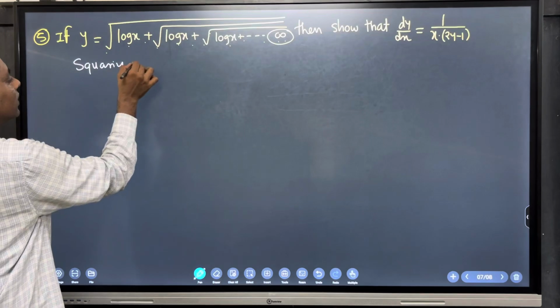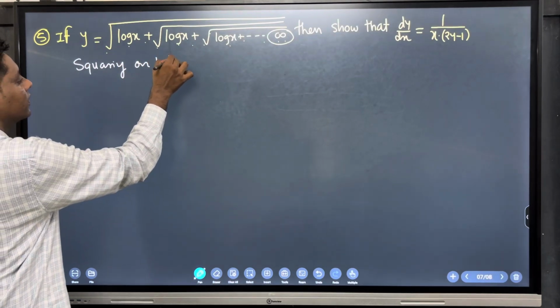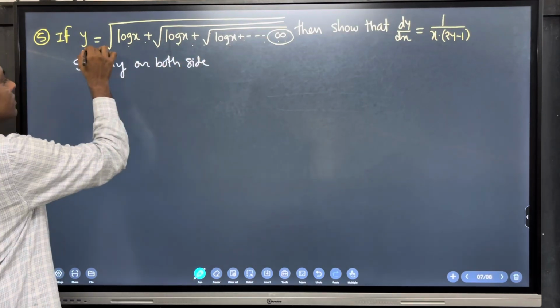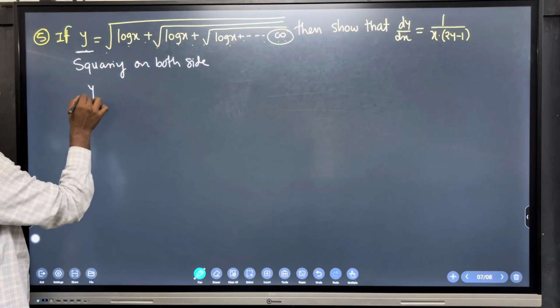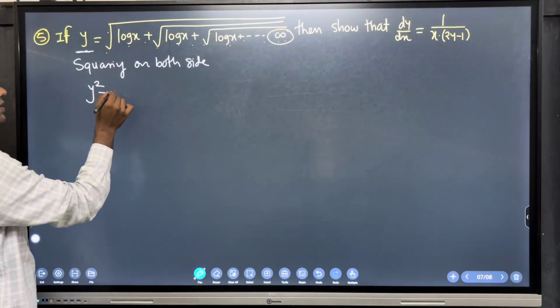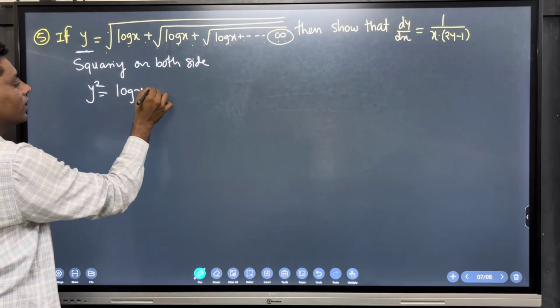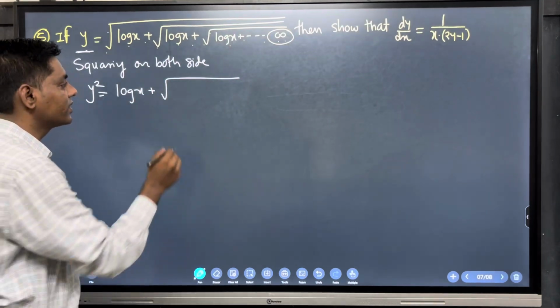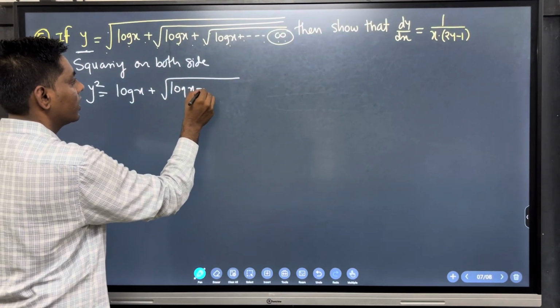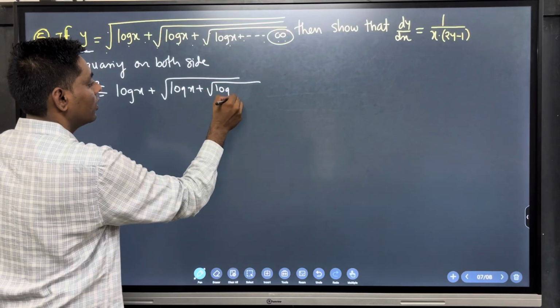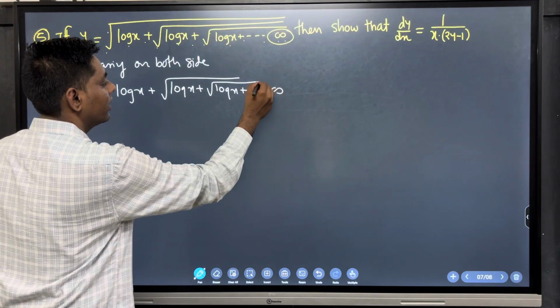After squaring on both sides, y becomes y square, and the under root gets cancelled, the answer is only log x plus next under root as it is, that is log x plus under root of log x plus up to infinity.